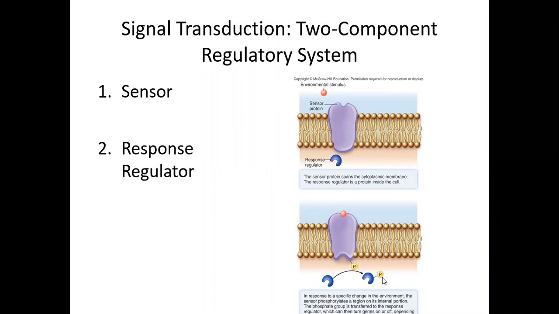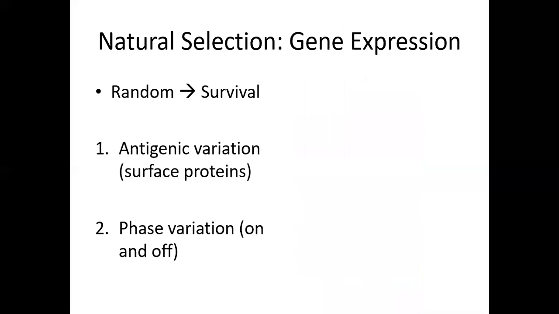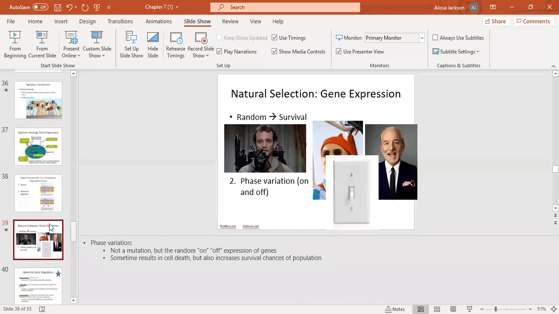Phosphate groups are really common in biochemical pathways for signal transduction. We talked about how with glycolysis, glucose gets phosphorylated and then it can enter glycolysis. Cool beans.